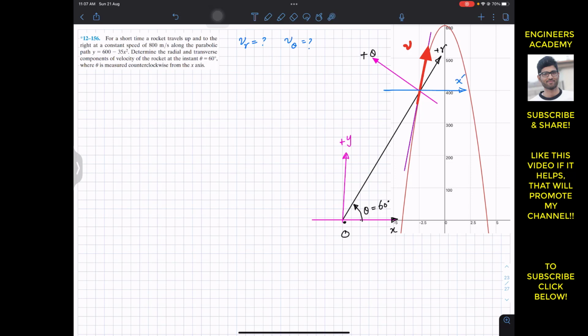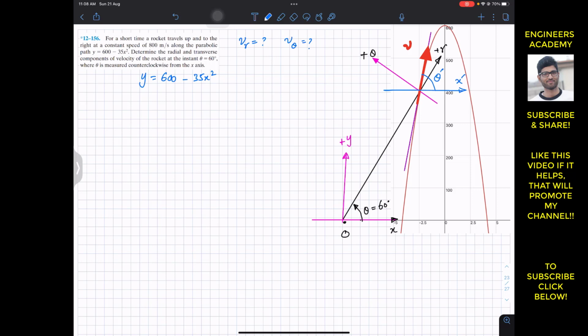So first of all, we have to find the angle of this v vector with this x dash axis, and that will be, let's say, theta dash. Now we know that the slope of the tangent can be determined by taking the derivative of this path function, y equals 600 minus 35x squared.